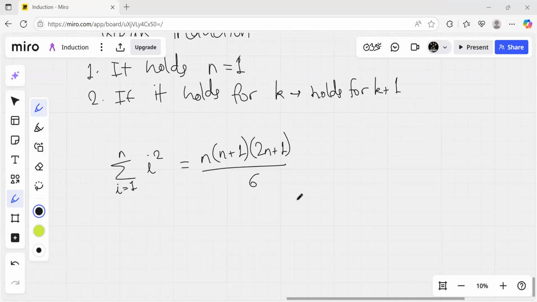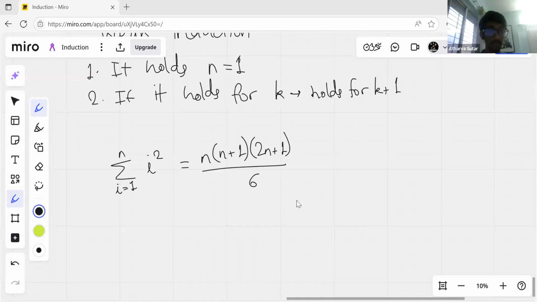I mean, it's kind of obvious that it holds for n equal to 1, then you plug in and check. And if we assume that it holds for k, then just add (k plus 1) squared, and then it will also work. Yeah. So basically what you want to do is follow these steps. It holds for n equals 1.